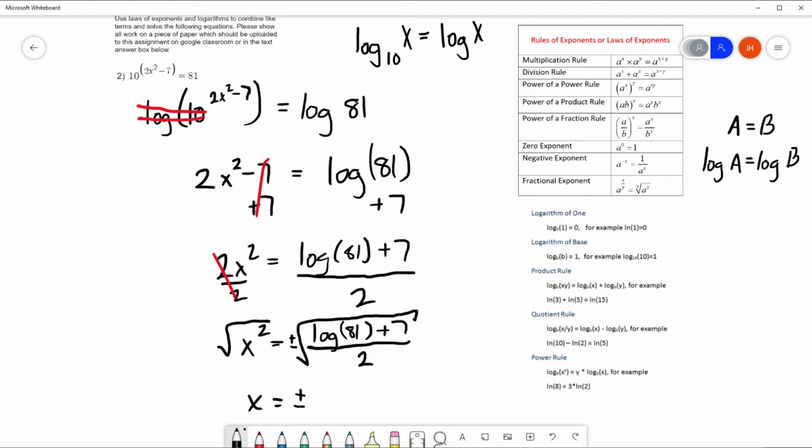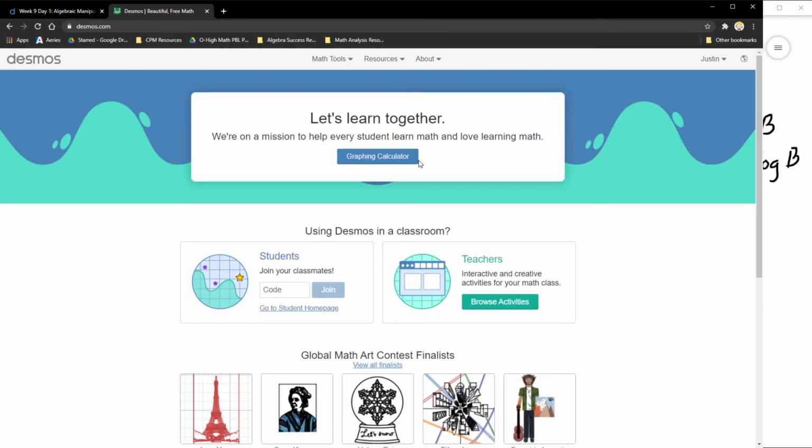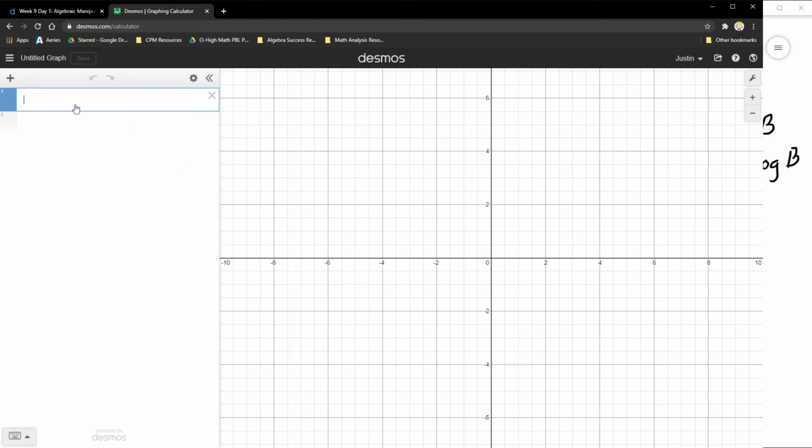So to figure out what that equals, I'm just going to go ahead and pull up Desmos on my browser. So let's find desmos.com. And I'm doing the square root. So to type the square root, I use sqrt. And I know that I have a fraction inside my square root.